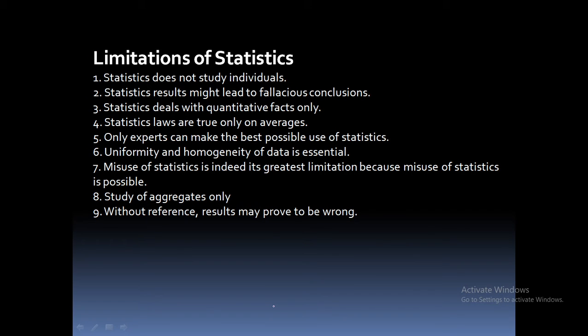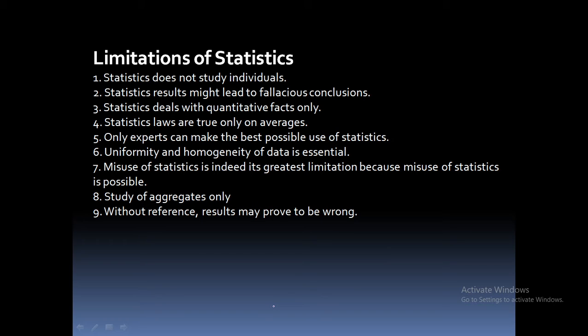Now these are some limitations of statistics. These do not study individuals. The results of statistics might lead to false conclusions sometimes. Statistics deals with quantitative facts only. Statistical laws are true only on averages.